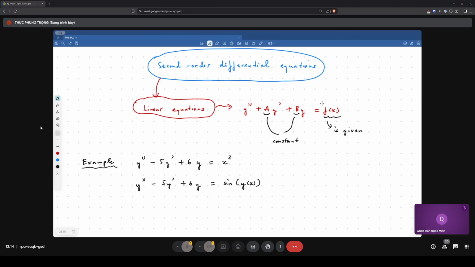You should not see any y on the right-hand side. The unknown is only here on the left-hand side. And this is very difficult to solve. The one right here is difficult, and we don't consider it right here.